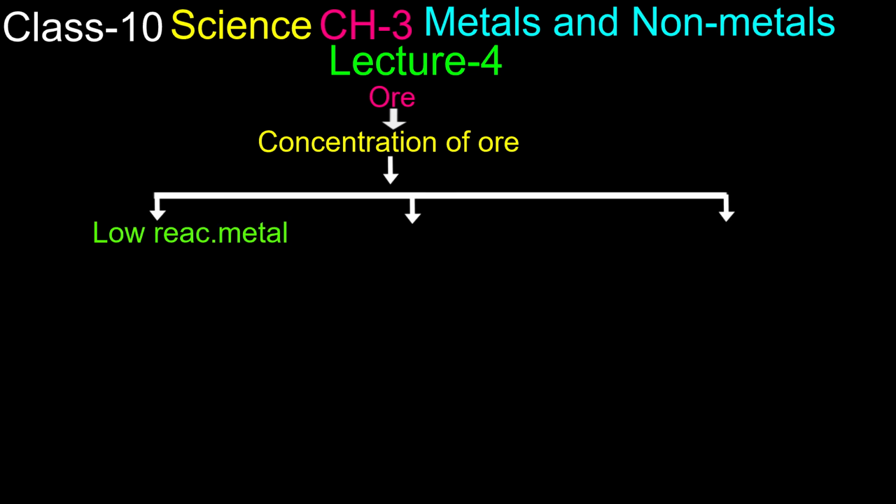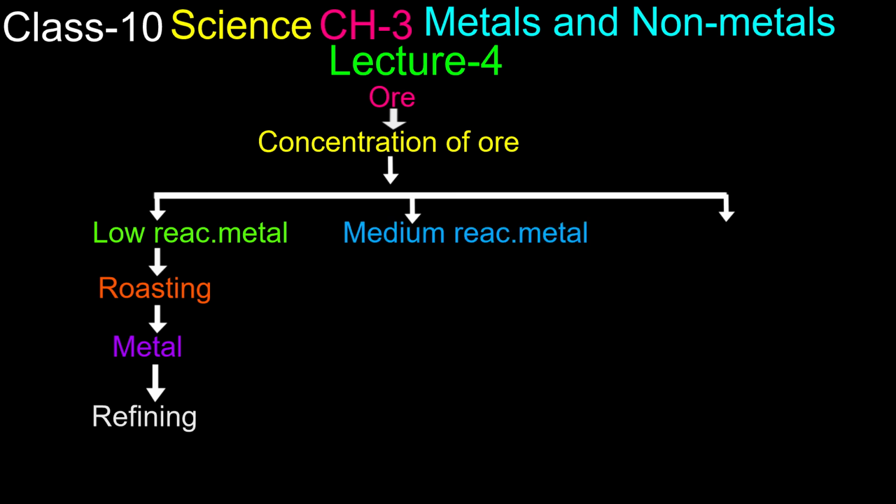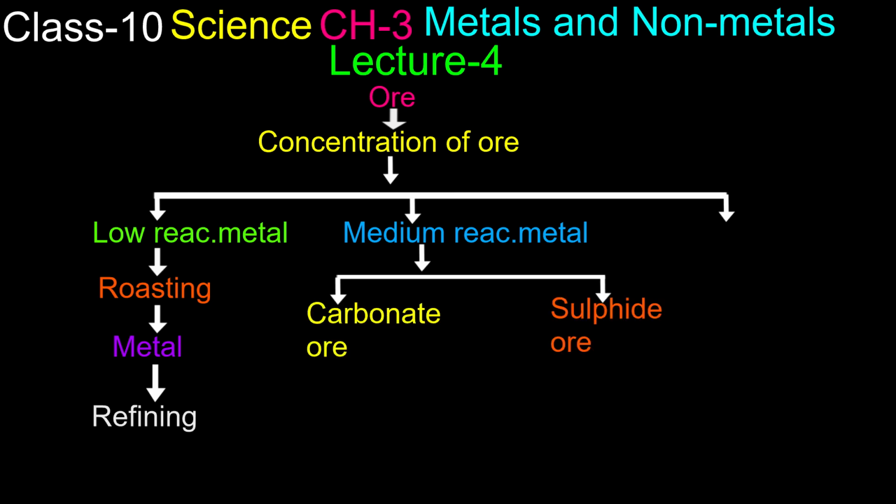Least reactive metal compounds are first converted into oxides and then those oxides are decomposed by heating. For example, mercury and copper are extracted like this. Medium reactivity metals like zinc and iron are first converted into their oxides by calcination and roasting.